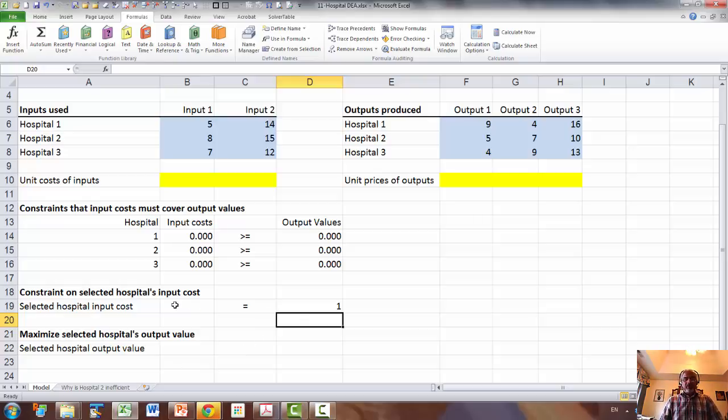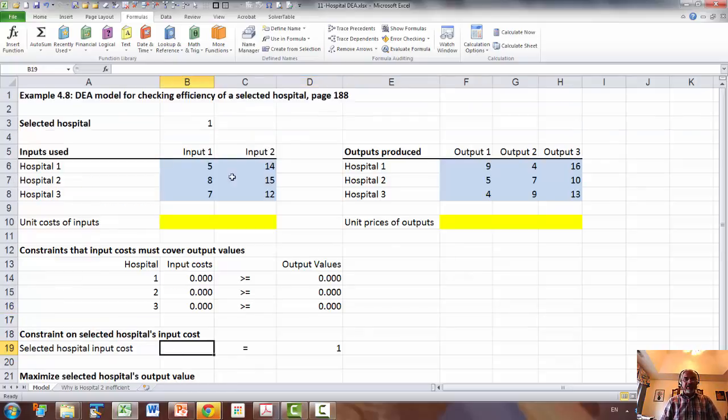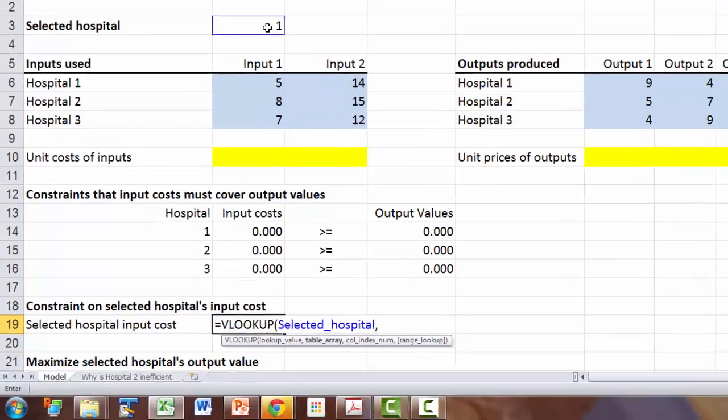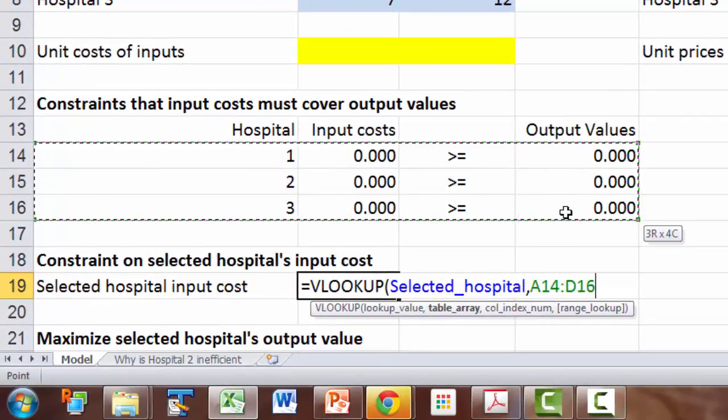Okay. So what is the selected input cost? Okay. So here selected hospital is 1. Okay. So that would be the selected hospital's input costs. You want to model this in such a way that you can automatically generate the outputs for any of the 3 hospitals that you've selected. So we're going to use the VLOOKUP function, okay, with the selected hospital, and we will use that as our input lookup table.